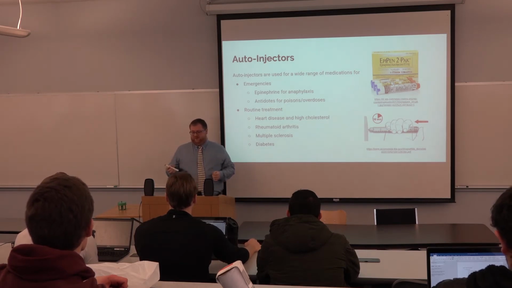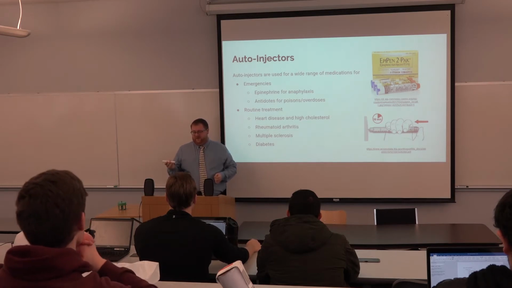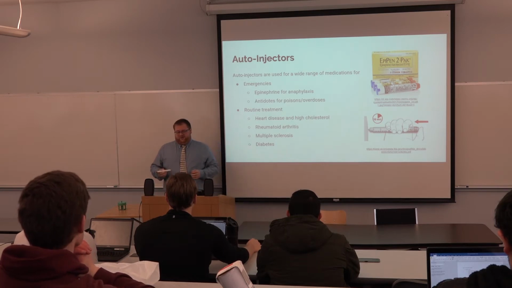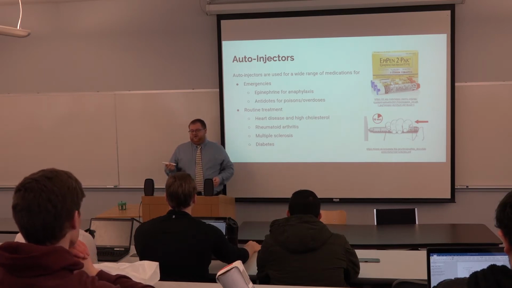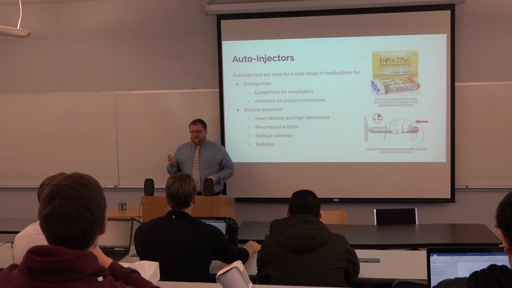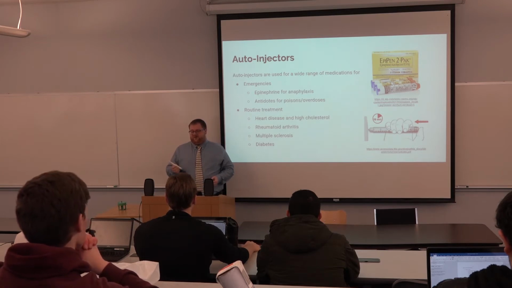They're also used to inject an antidote for poisons or for opioid overdoses. Although auto-injectors are primarily used in emergencies, they are also used for routine treatment of chronic conditions such as heart disease, high cholesterol, arthritis, multiple sclerosis, diabetes, and other autoimmune conditions.